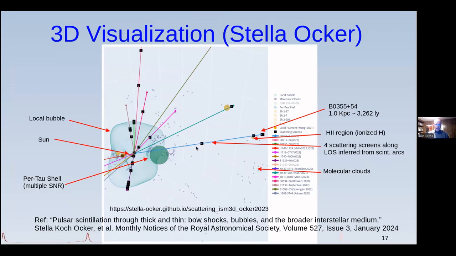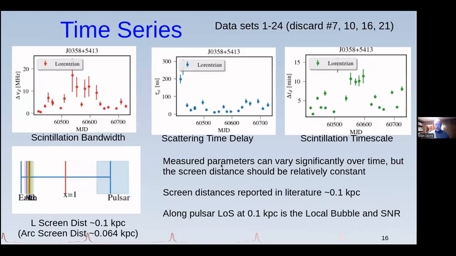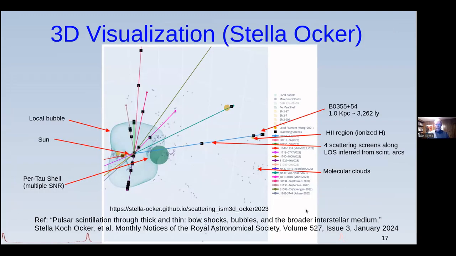It comes in and passes through the local bubble, and there's also a supernova remnant there. These other little clouds are molecular clouds and various hydrogen regions. So that's how we can say that at 1 kiloparsec you've got the edge of the local bubble, which might be causing the scintillation.